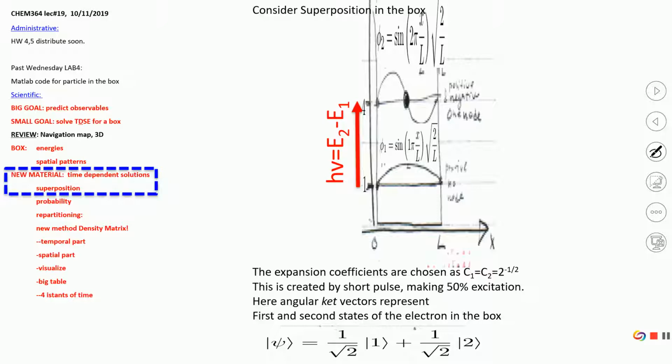So why don't we add together the ground and first excited state? The wave function always must be normalized, which means that upon constructing this wave function and finding the probability distribution and then integrating it, we should get 1. Because the total number of electrons in our system is 1, and we can find it with probability 1.